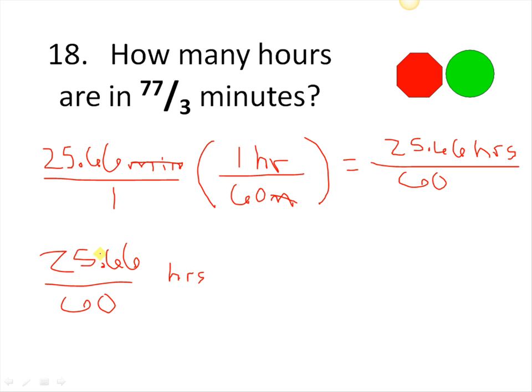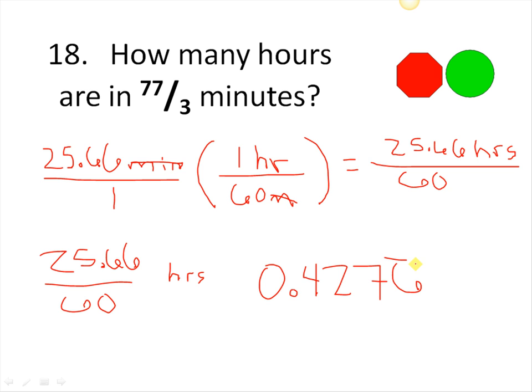And you know how to deal with this. It's just a top in, bottom out thing. We wind up with 0.4276, and the 6 is a repeater.